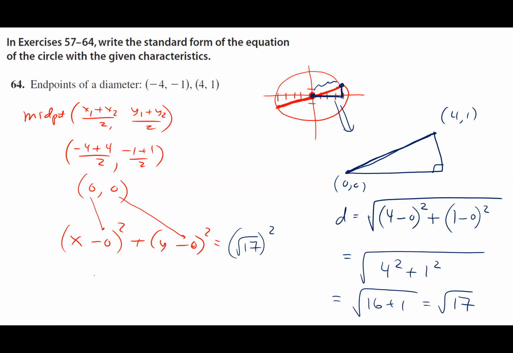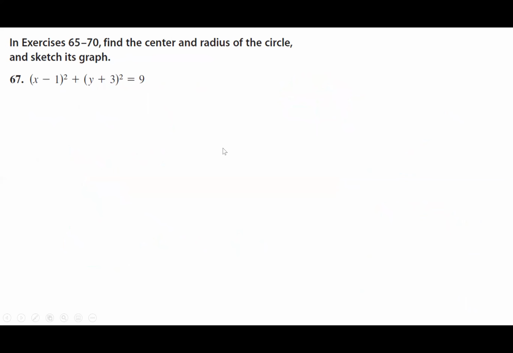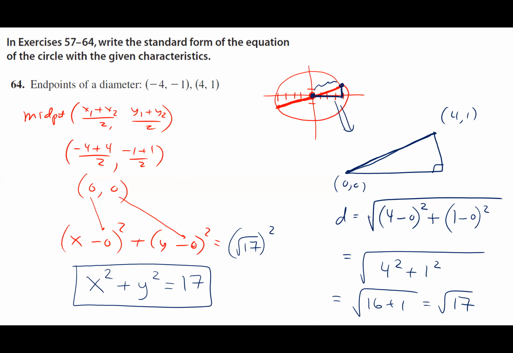Give me the nice equation at the end. It's square root of 17 squared, just 17. There is the equation of my circle. Are we good?